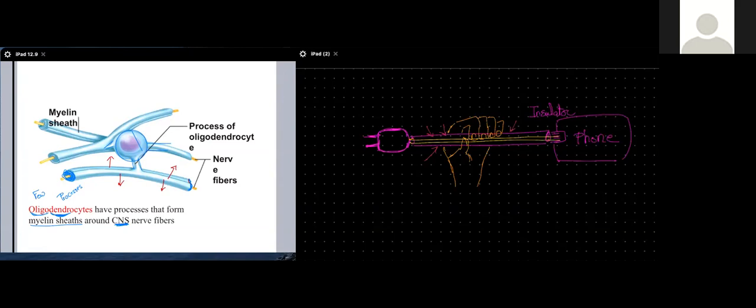It's going to be the myelin sheath. So what acts as the plastic part or the rubber part around the copper in your charging cord? What acts as the plastic wrapping of the charging cord is going to be the myelin sheath.